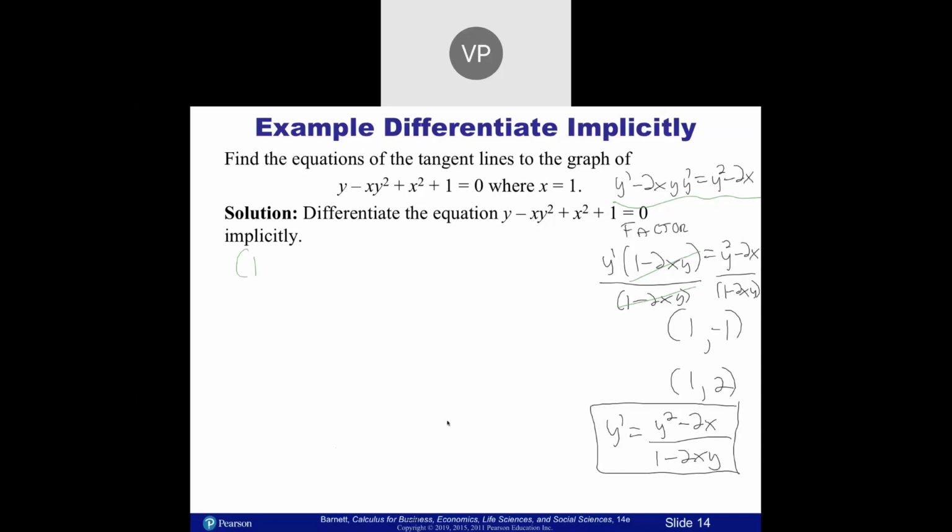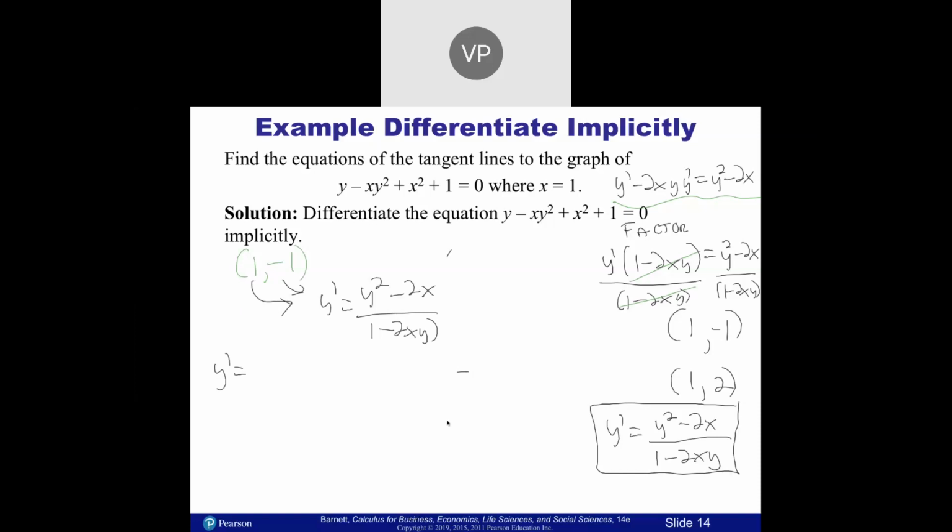So if I start with this first point, 1, 1, 1, -1, sorry, I'm going to take this derivative that I just found, and I'm going to plug in all of these x's and y's to that.